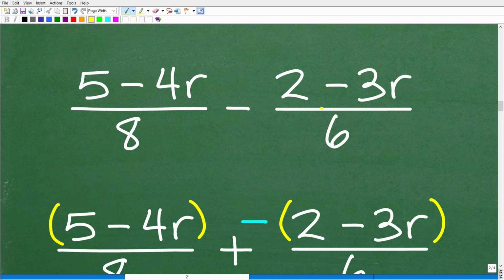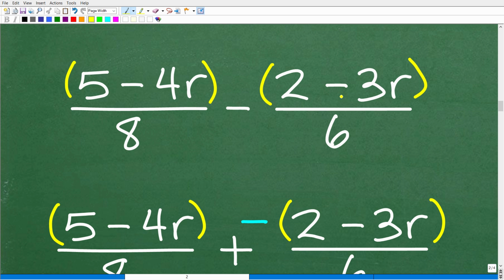So right here, these obviously don't have parentheses, so put parentheses around them. That's going to help you avoid distributive property mistakes. I can tell you right now, many people will make this type of error. But if you put these parentheses in, you're going to really reduce your chance of making a distributive property mistake.